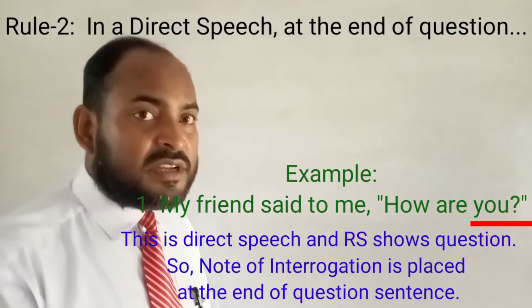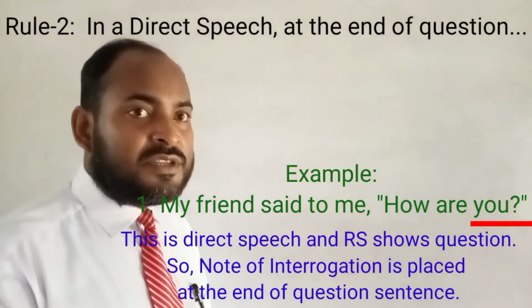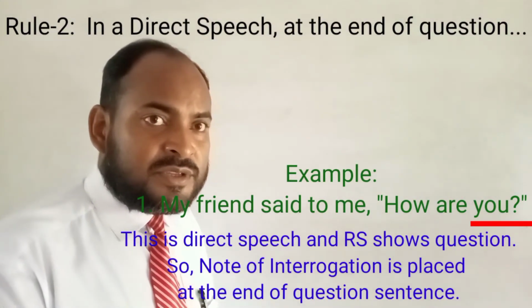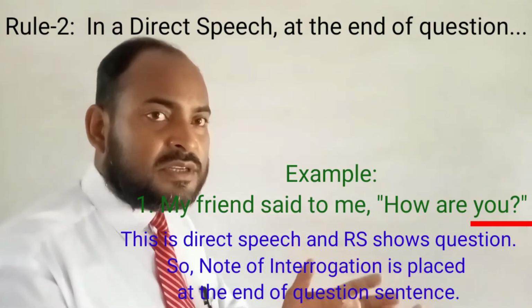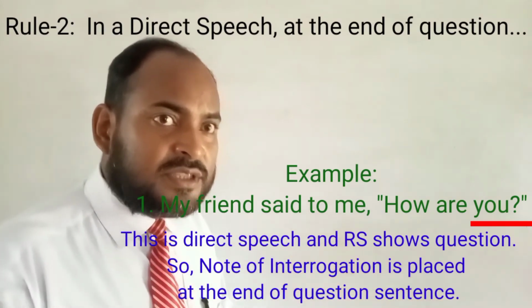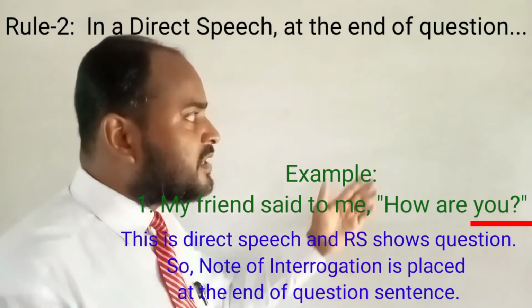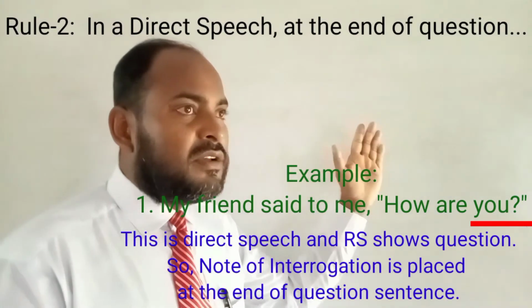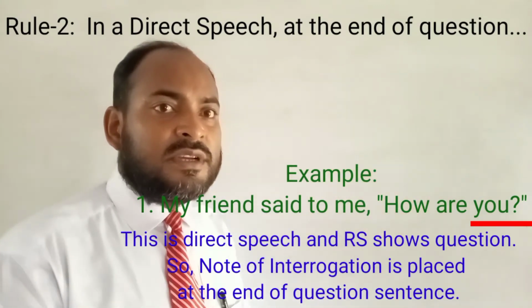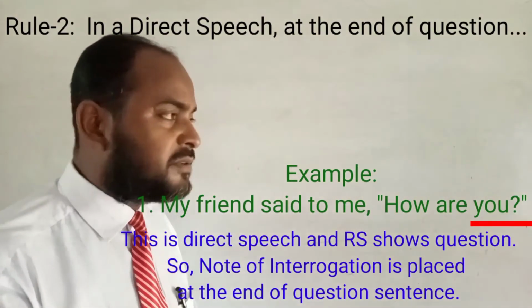My dear learners, you know this is direct speech, and the last part, that means reported speech, is an interrogative or question sentence. So at the end of this sentence, we shall put note of interrogation or question mark.